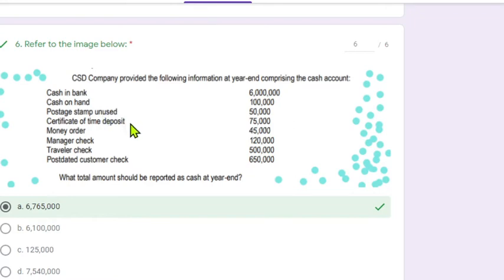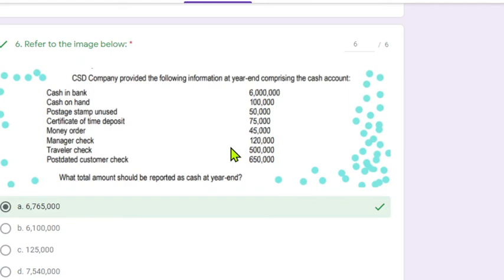Certificate of time deposit, this is a cash equivalent. So, hindi yan kasali. Money order, specifically nakalagay sa standard, ito ay kasali as a component of cash. Kasali yung 45,000. Manager's check and traveler's check, naka-indicate din yan.